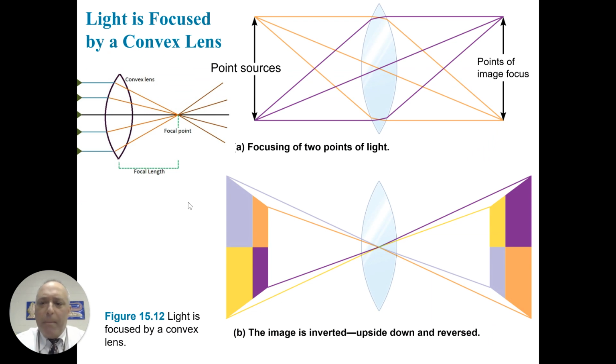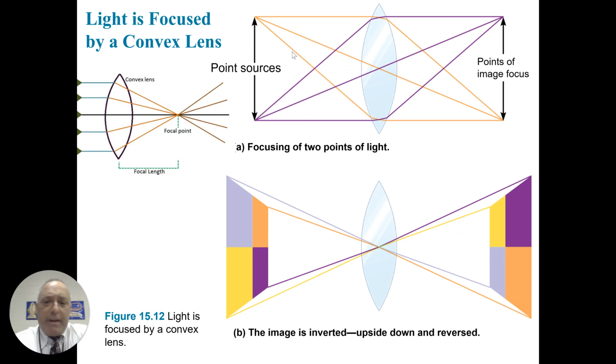Okay, so the lens we have is a convex lens, and you're just going to have to learn the shape of the convex lens. Okay, and when the light comes in, there is a focal point, and then the image flips, and the retina would be right here. So the retina would pick up this flipped image after the focal point.